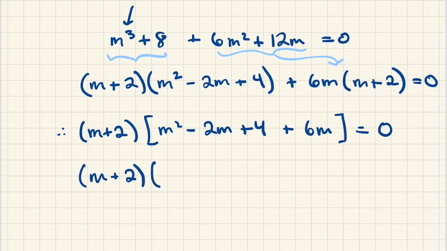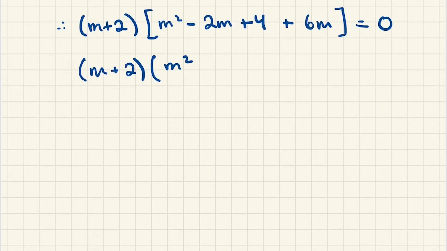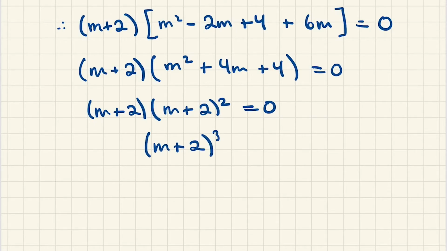So we've successfully factored an m plus 2 out of this, and what we're left with is some kind of quadratic, which may itself factor further, or you may need the quadratic formula to get the last two roots out of that factor. But it looks like that one factors. So we have m plus 2, and then this trinomial factors to m plus 2 squared. So indeed, we have m plus 2 quantity cubed is equal to 0.